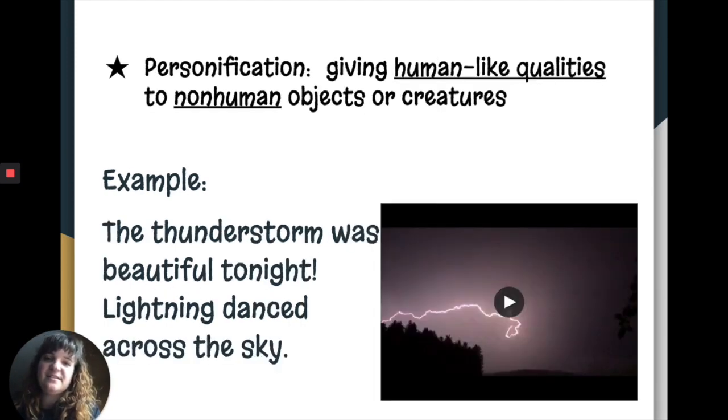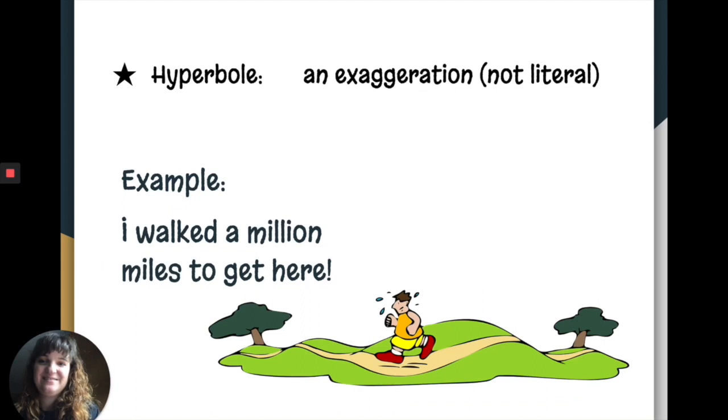Personification, giving human-like qualities to non-human objects or creatures or even ideas. So we talked about that lightning dancing across the sky and even the wind blowing. Lastly, we discussed hyperbole, exaggeration, meaning it can't be something you can literally do. So our example was, I walked 1,000,000 miles to exaggerate how difficult the journey was, no matter what the length.